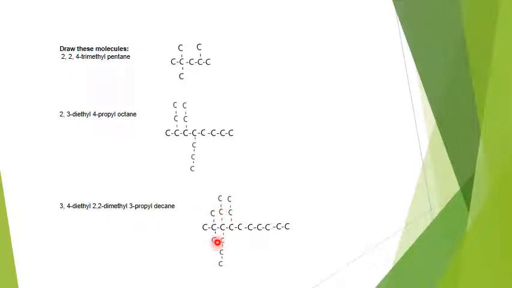Okay, and then a propyl coming off of number 3. Okay. All right. Again, this is actually the wrong name of the structure. So again, what you would do is draw the structure out and tell me it's wrong. The longest chain actually is 1, 2, 3, 4, 5, 6, 7, 8, 9, 10, 11. And you wouldn't have to name this. Okay, just tell me it's the wrong structure. Draw it and tell me it's the wrong name.